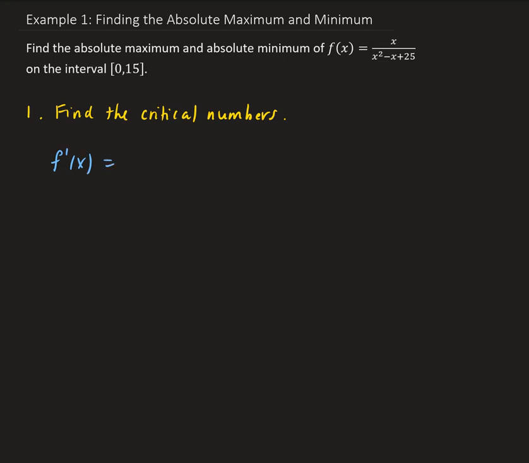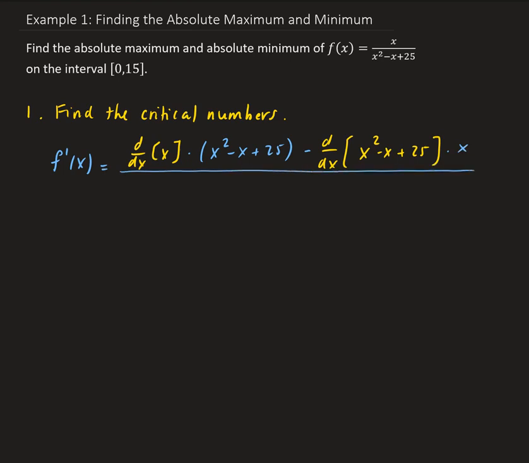So we're going to have the derivative of the top, times the bottom, minus the derivative of the bottom, times the top. And all this is going to be divided by the denominator squared.